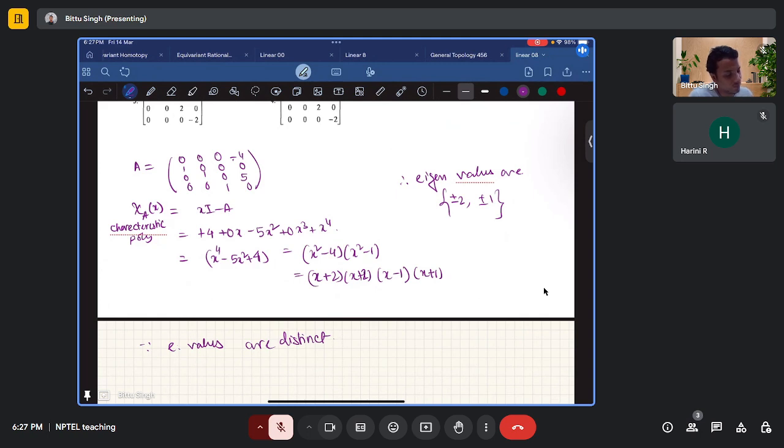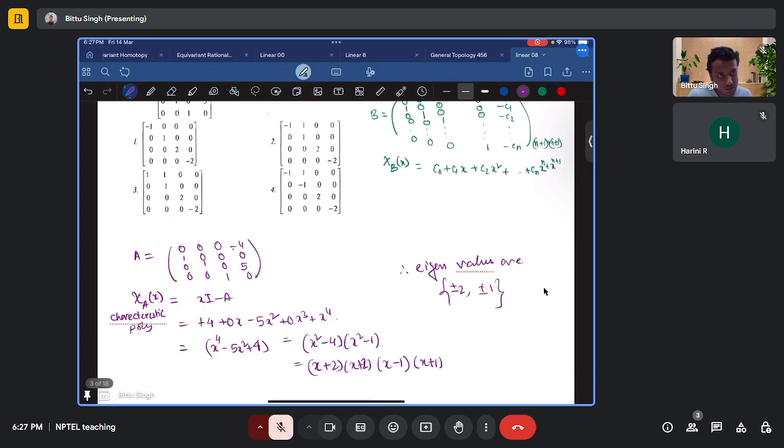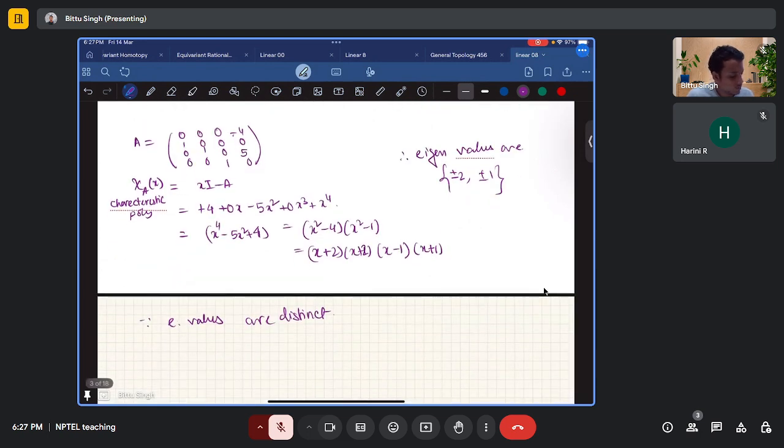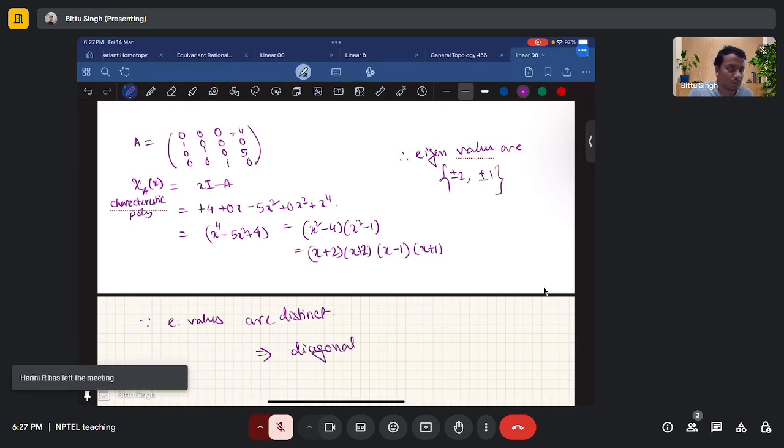So we have enough eigenvectors. There are actually 4 eigenvectors. So we can always diagonalize because this is a 4 by 4 matrix, right? So eigenvalues are distinct, which implies it is diagonalizable: algebraic multiplicity equals geometric multiplicity for all eigenvalues.